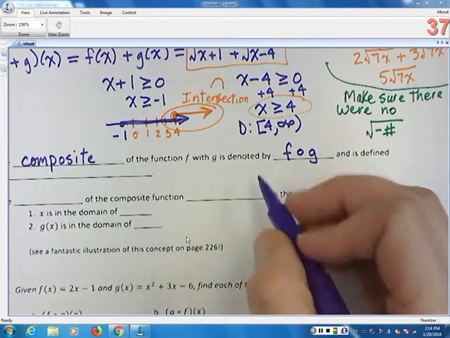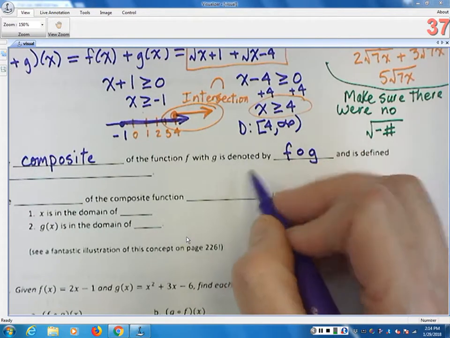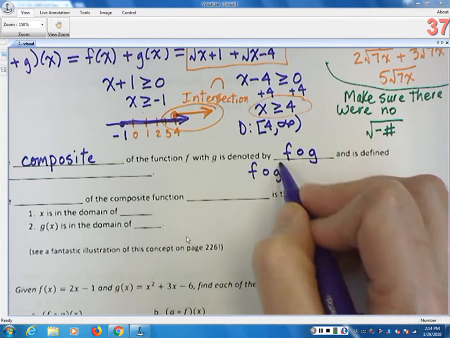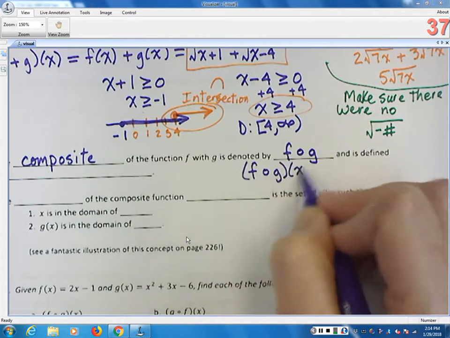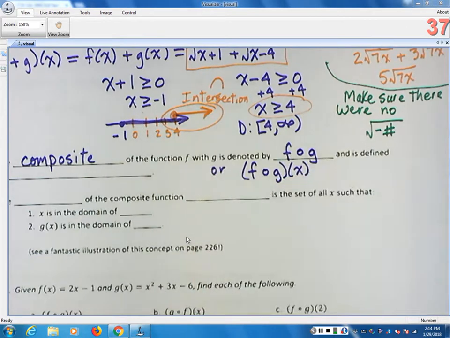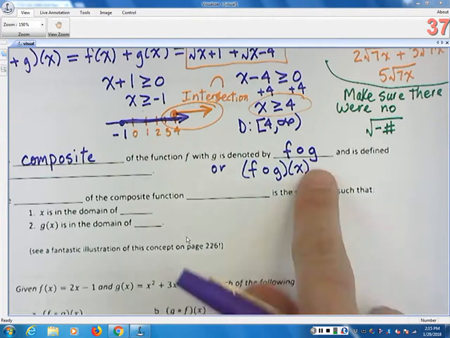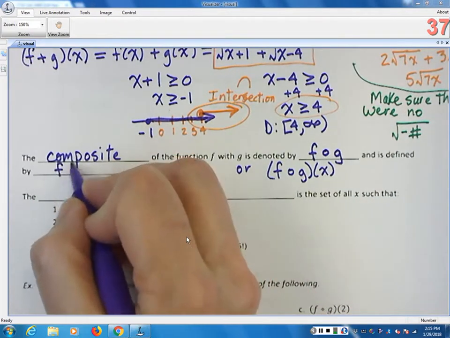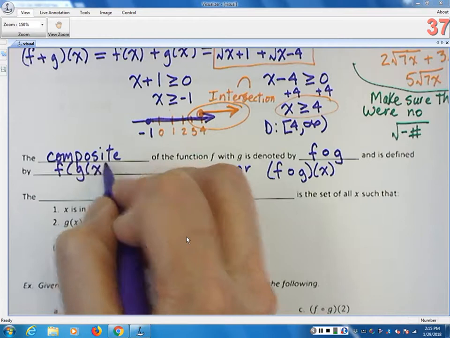It's also written as f composite g of x. And sometimes we just say fog. It looks like fog. Sometimes we'll say fog. And what that means is that it's f of g of x.